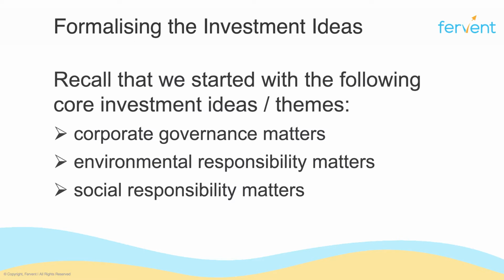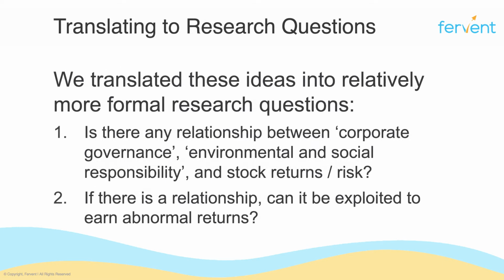So we started with these investment ideas or themes, and then we translated them into relatively more formal research questions, right? So we said the first question is: is there any relationship between corporate governance, environmental and social responsibility, and stock returns and risk? And the second question was that if there is some sort of relationship, then can we exploit that relationship to earn abnormal returns?